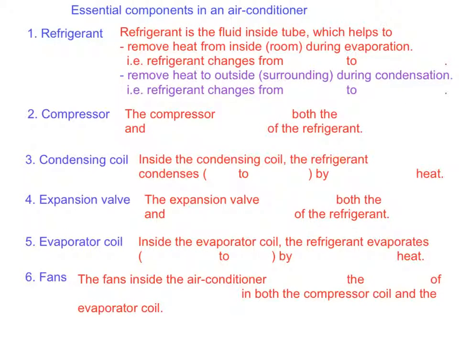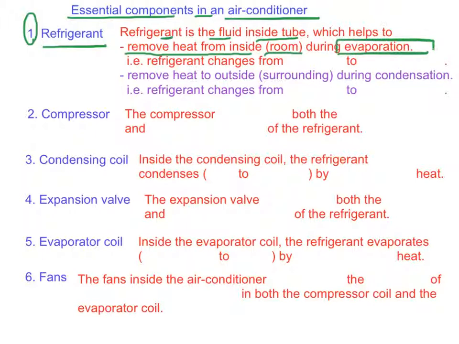Let's first look at the essential components inside an air conditioner. The first component is the refrigerant, 雪種. Refrigerant is the fluid inside the tube which helps to remove heat from inside, that is, remove heat from the room during the evaporation process.